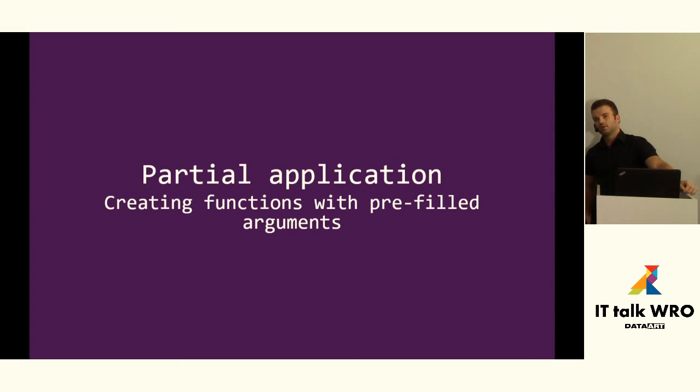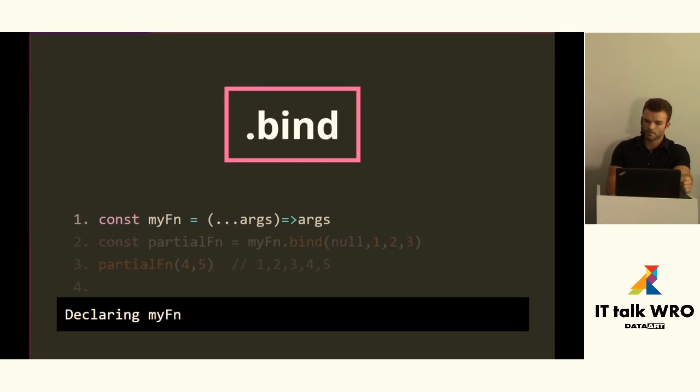Sometimes it can be handy to create a function with a prefilled list of arguments. This is where partial application comes onto the scene. For example, in JavaScript, we can use the .bind method on each function. I have my function which accepts an unlimited amount of arguments and returns all those arguments as an array.